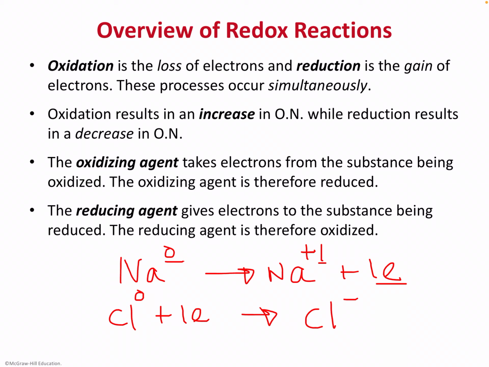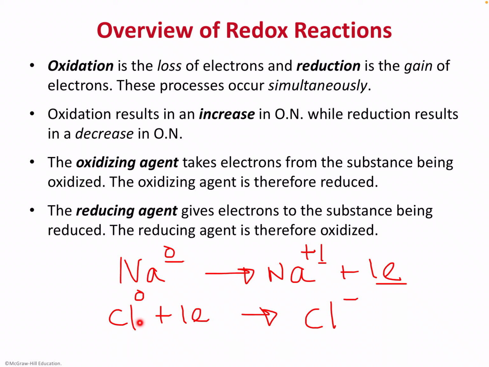Okay. And we are also going to learn two terms, oxidizing agent and reducing agent. Oxidizing agent is the one that helps the oxidation to take place. Oxidizing agent takes electrons from the substance being oxidized. Now here sodium is being oxidized and chlorine is going to take that electron. So chlorine is basically helping sodium to undergo oxidation. So who is the oxidizing agent?